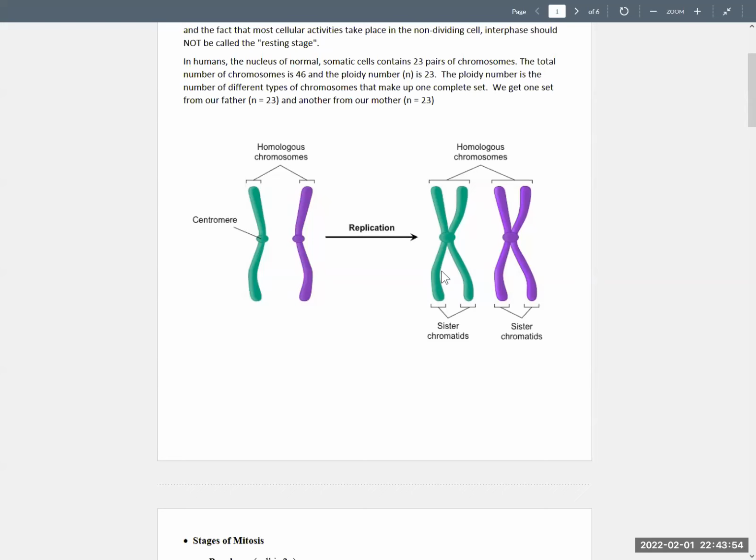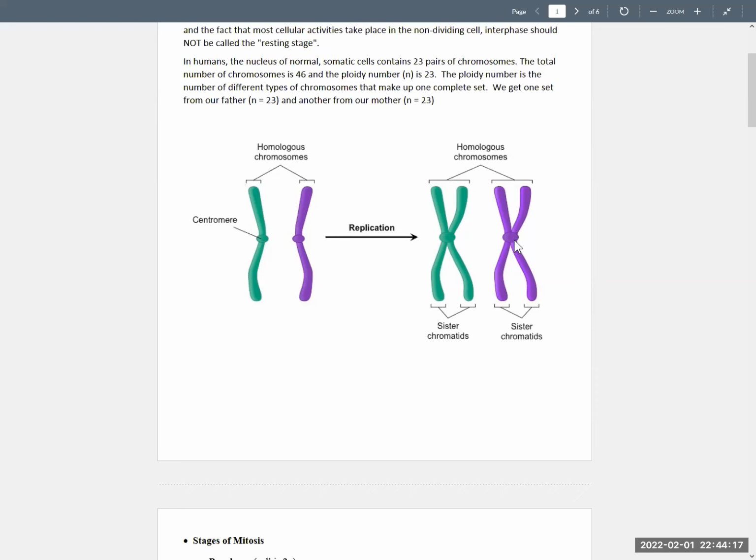This chromatid and this one have the same genetic information in the same order. Now here they're called sister chromatids. Even if they come from the male chromosome, they're called sister chromatids. I just refer to them as chromatids.